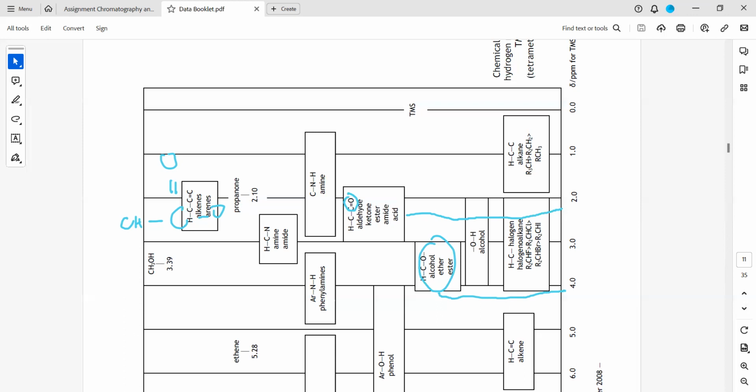So when we draw the possible structure for E, because we want to arrange four carbons, if this was CH3, this was CH2, and this was CH3. Or when we check the peak, this is C double bonded with O, and O is there.